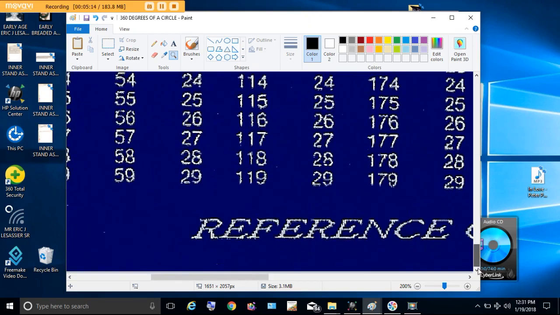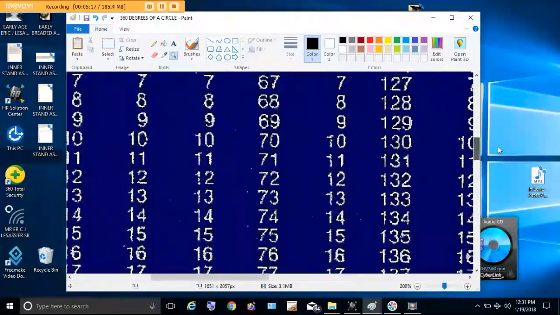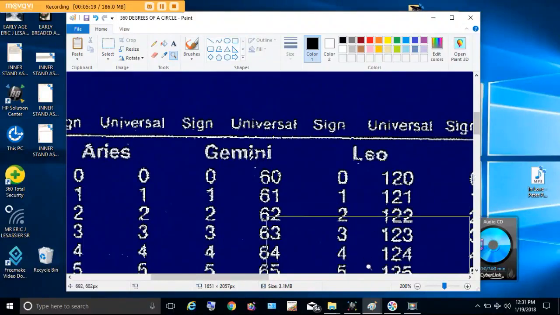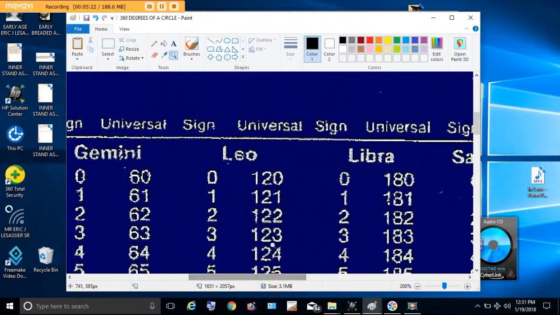Okay, let's move on to the next sign, which is Leo. Okay, so now we get to Leo. The 0 degrees of Leo is equal, on the universal 360 degree value chart, to 120 degrees. The sun is the ruler of Leo, and as it passes through 1 degree per day, it will enter the first degree of Leo, and that will equal 121 degrees.